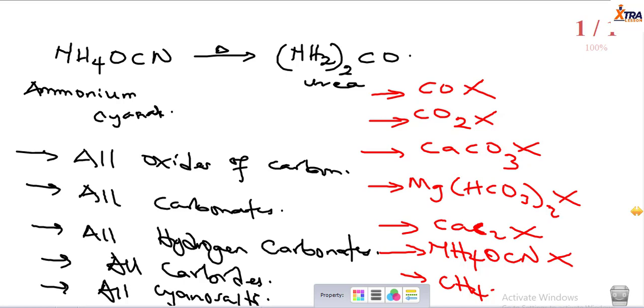This one is CH4. It is not an oxide of carbon, as you can see. It is not a carbonate, neither is it a hydrogen carbonate. It is not a carbide and not a cyanosalt. So it is exempted from the list we have, which means CH4 is an organic compound. So, not all compounds of carbon are seen as organic.